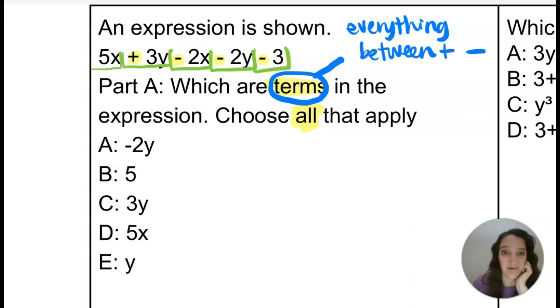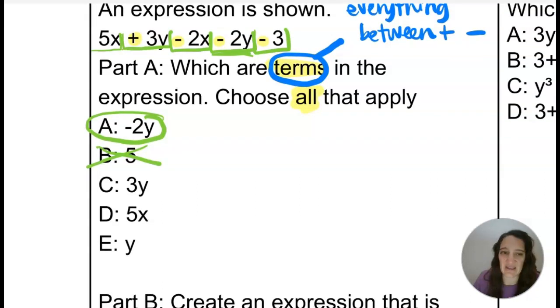And there we go. So if the question was how many terms are there, I would say 1, 2, 3, 4, 5 terms. That's not what it's asking. It's asking which are terms. So whatever I have underlined. Negative 2y is underlined, so I'm going to circle that. 5, it's got to be 5x, so not just 5.